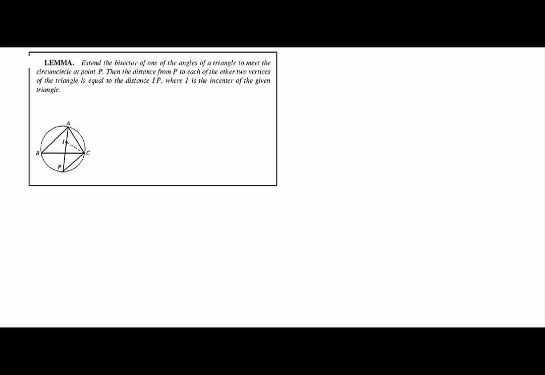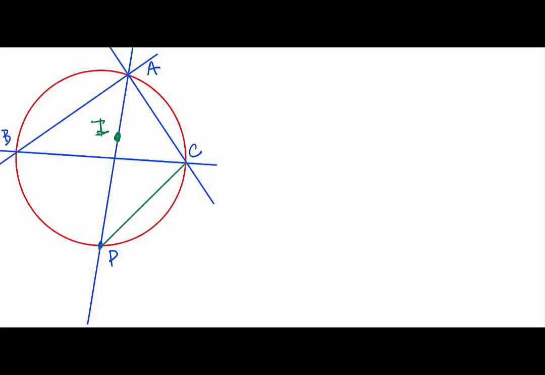So we extend, let's say, the bisector of angle A to meet the circumcircle at some point P as shown on the screen. Then the distance from P to each of the other two vertices of the triangle is equal to the distance IP, where I is the incenter of the given triangle.